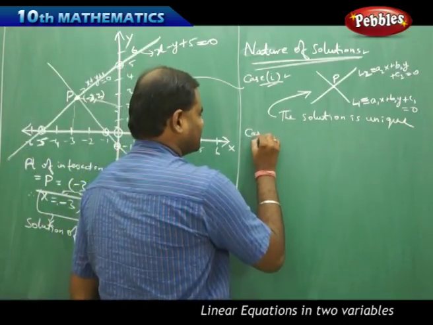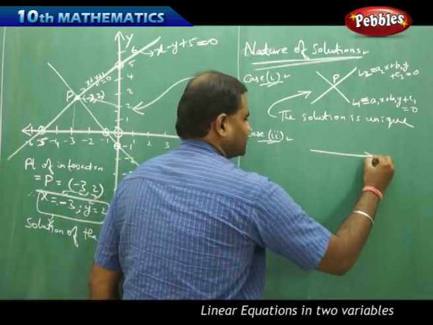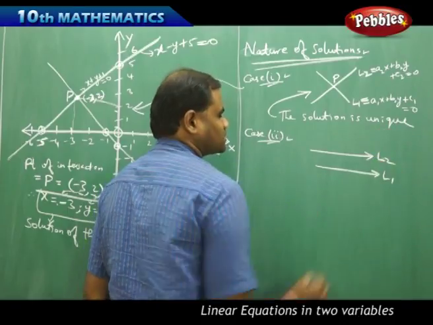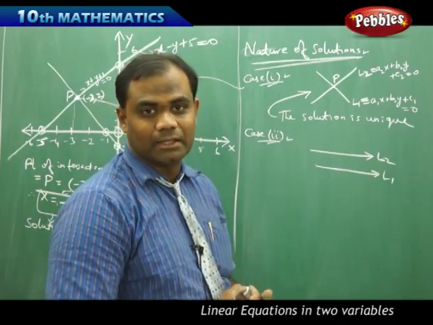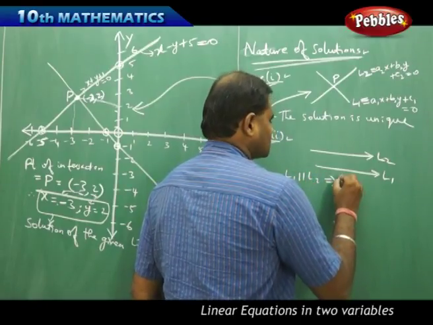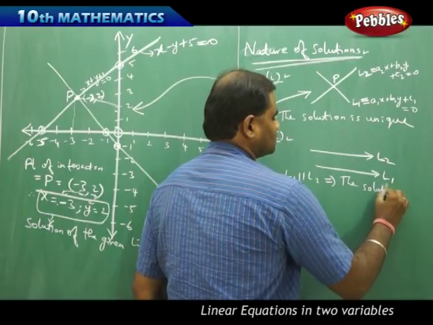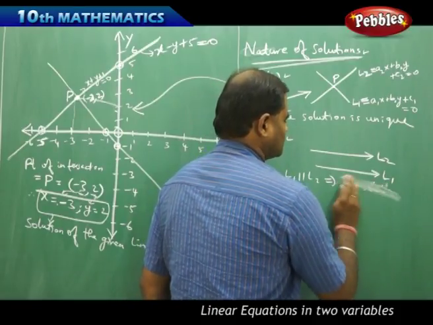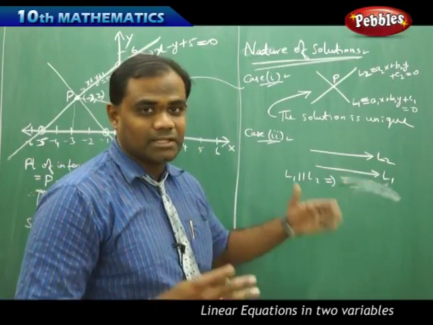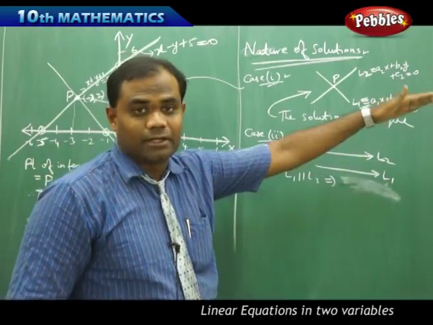Similarly, I take case 2. If I have two lines which are parallel, L1 and L2 given by similar equations, where we denote L1 parallel to L2, this implies with the general understanding that the two lines never meet. When two lines are parallel, they never meet, even at infinite distance.